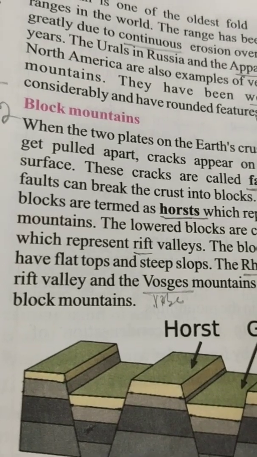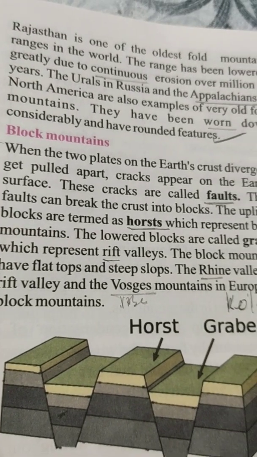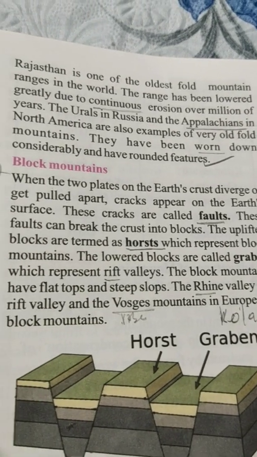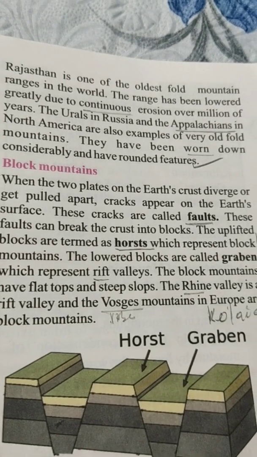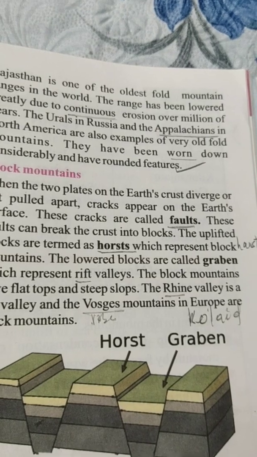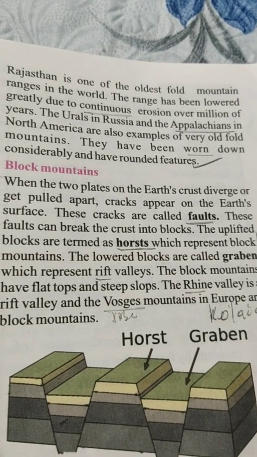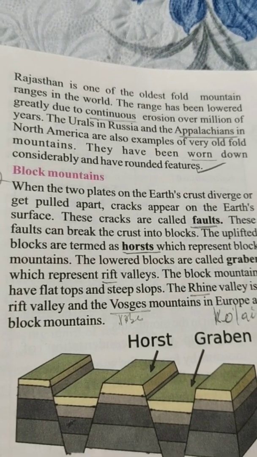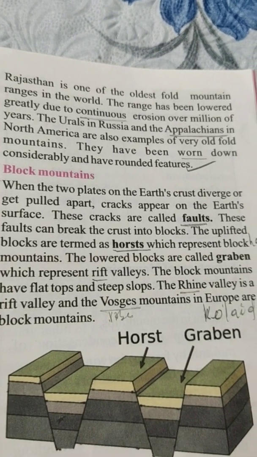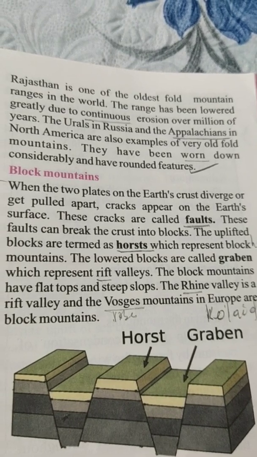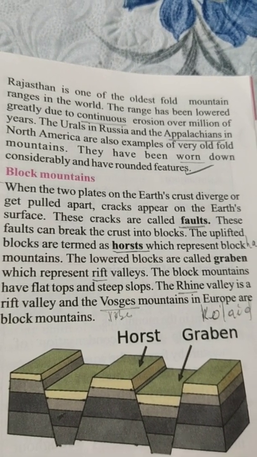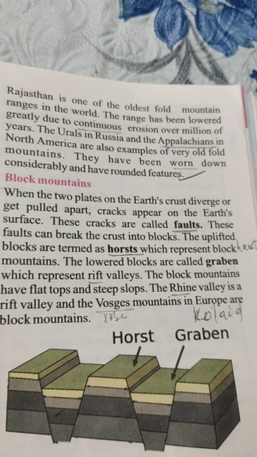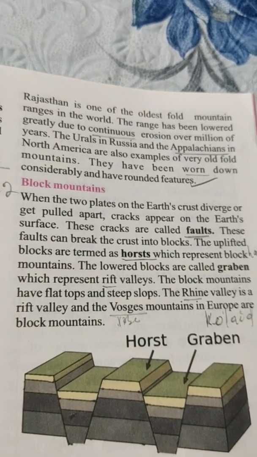See, when the two plates on the earth's crust diverge or get pulled apart, cracks appear on the earth's surface. These cracks are called faults. These faults can break the crust into blocks. The uplifted blocks are termed as horsts, which represent block mountains.